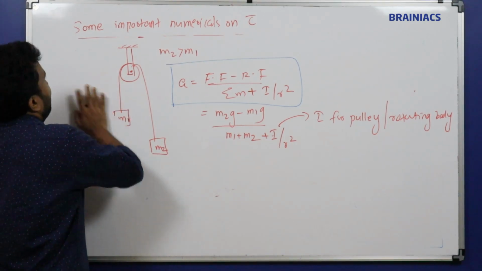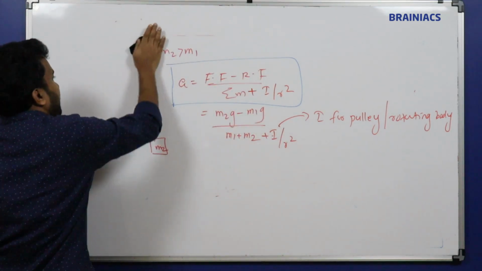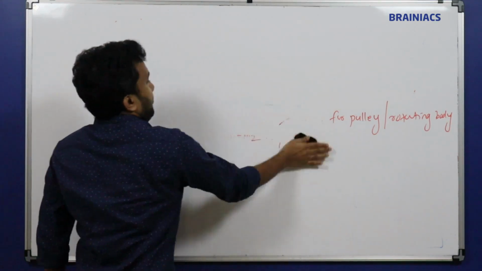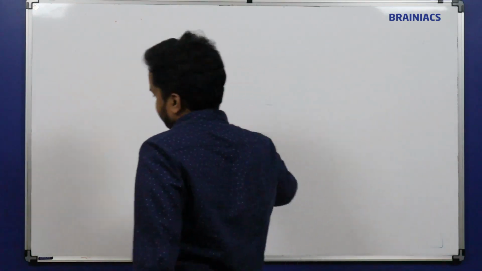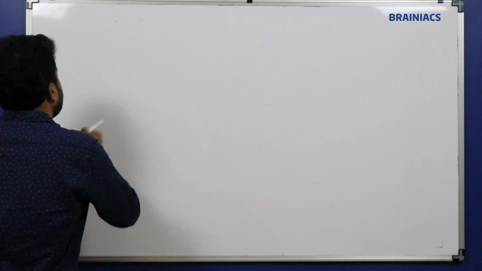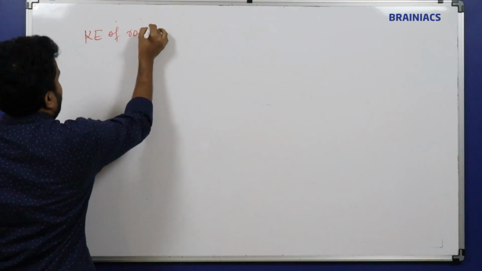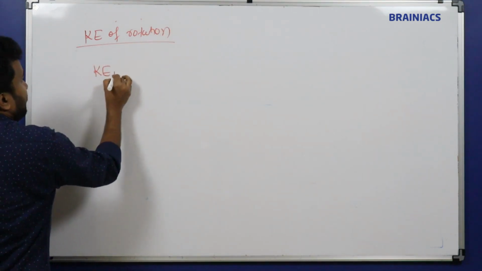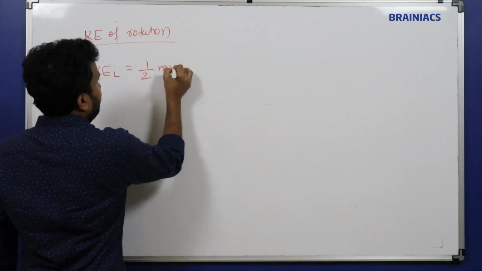Okay, so important numericals on torque is over. We are moving to the next topic. Good. So let's go ahead. Understand and then learn. Small topics are there. Kinetic energy of rotation. We know linear kinetic energy, I am writing, half m v square.